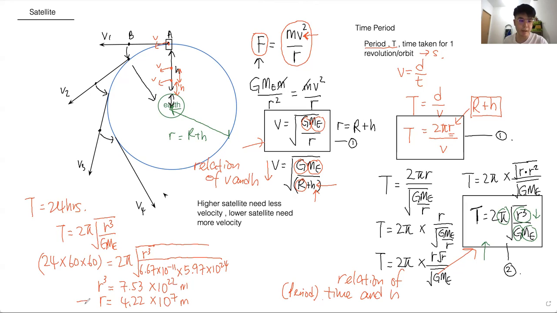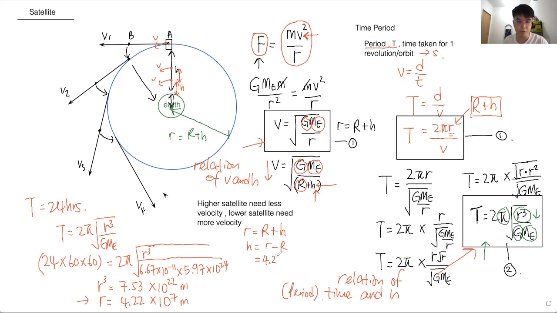What is this r again? This r is measured from the center of the Earth, right? 所以如果我要知道它的 altitude 啊，这个是它的 answer 吗？不是啊，我要把它减掉 Earth 的 radius。OK，因为 r 是等于 Earth radius 加它的 altitude，所以 altitude equals this minus the Earth radius.